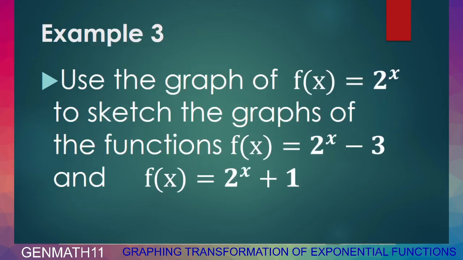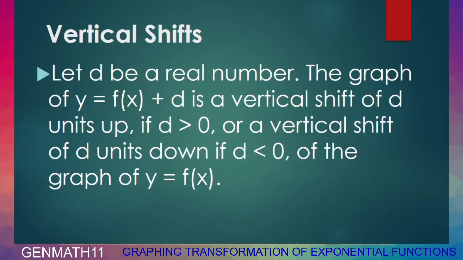Okay, so example number 3, use the graph of f of x is equals to 2 raised to x power to sketch the graphs of the function f of x is equals to 2 to the x power minus 3 and f of x is equals to 2 raised to x power plus 1. Ano nga sabi kanina doon sa vertical shifts? Kapag yung d natin ay mas mataas kay 0, mag-a-add tayo pataas, tataas yung graph natin.